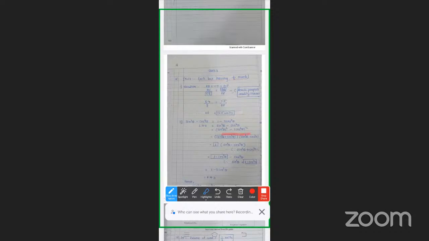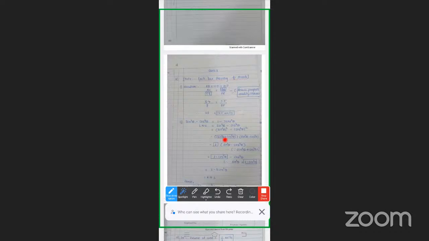So we have to use that formula. A square minus b square is nothing but a plus b in the first bracket, a minus b in the second bracket. So we have to use the same formula here, that is sin square theta plus cos square theta in the first bracket, and in the second bracket sin square theta minus cos square theta. So we know our identities. What is the identity? Sin square theta plus cos square theta, that value will be 1.